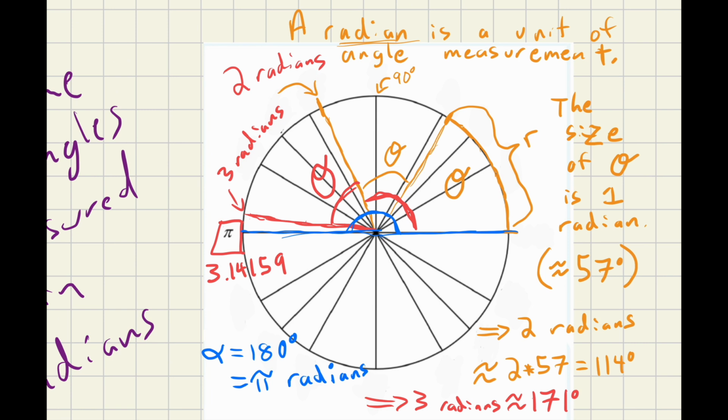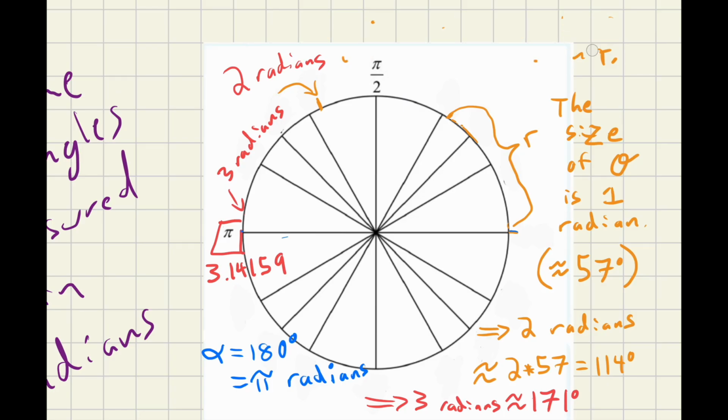So then let's just look at a few more important angles. What about this 90-degree angle here? That's half of pi. Pi is half the circle, so that 90-degree angle is half of pi. If I look at the measurement on the circle that I had shown you earlier, 1/4 of the circle is pi over 2 radians.